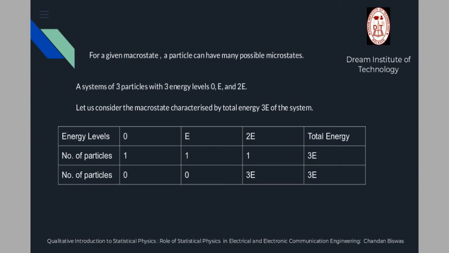For a given macrostate, a system can have many possible microstates. Let us consider a system of three particles with three energy levels 0, E and 2E. For the macrostate, characterized by the total energy 3E of the system, there can be only two microstates.